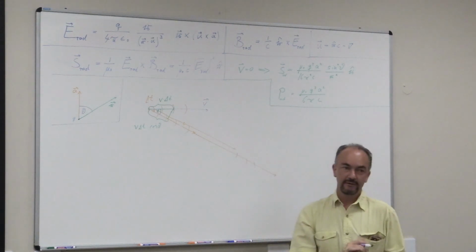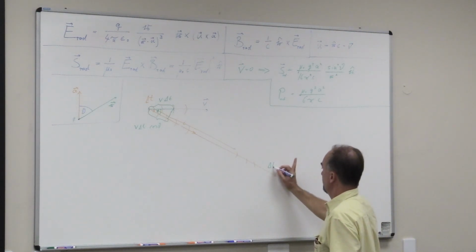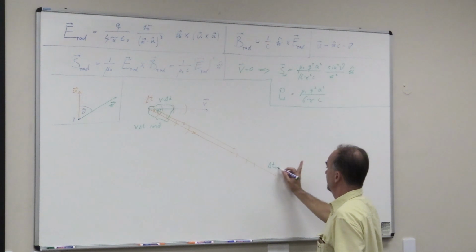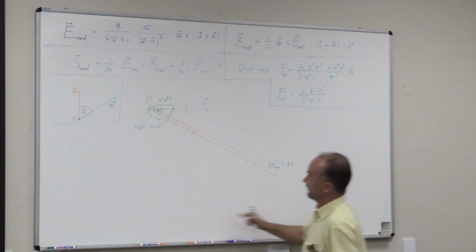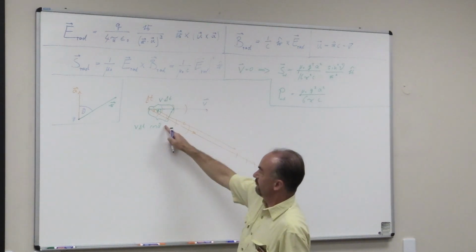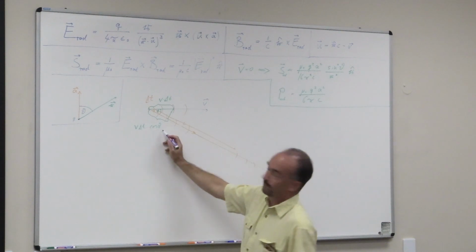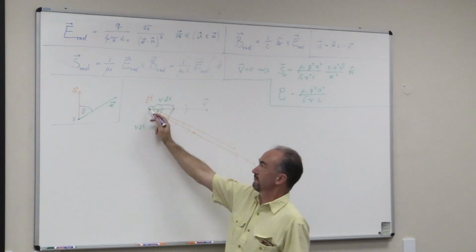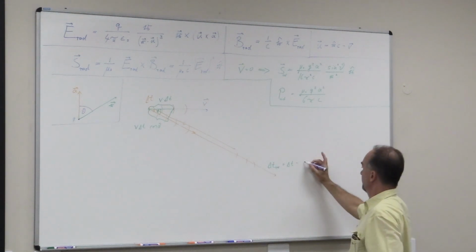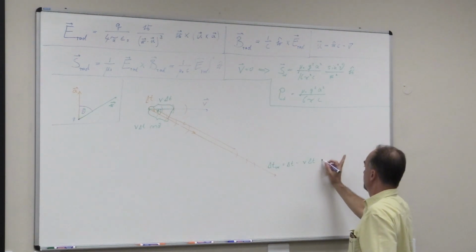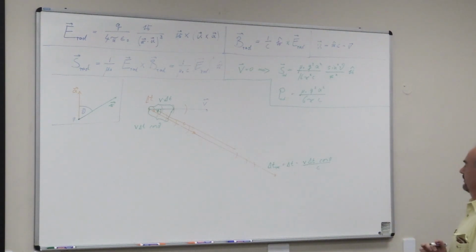So the time difference at which we receive this is the real time difference minus the time that the light takes less, which is this over the speed of light, since the radiation travels with the speed of light. So it's minus v delta t cosine theta over c.